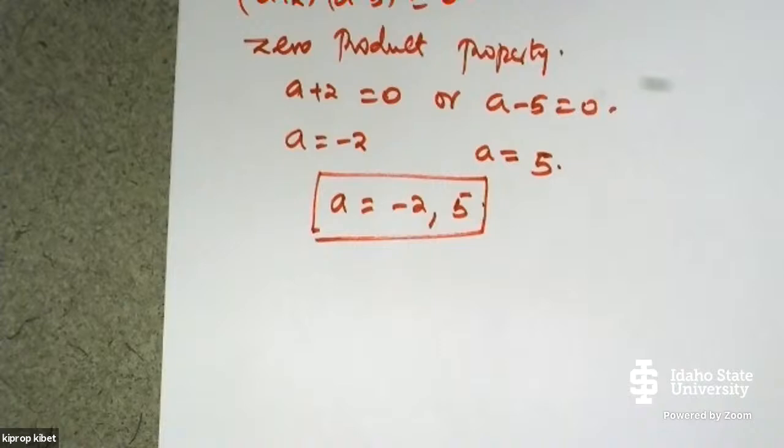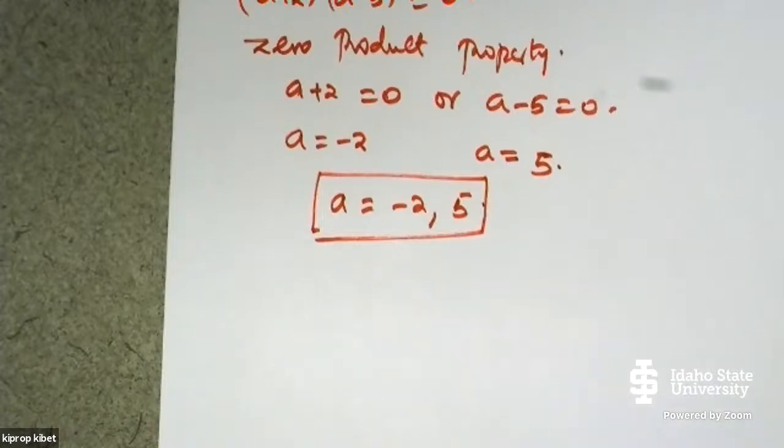Again, A - 5 equals 0, so when you take this one here, it becomes plus. So A is -2, or A is equal to 5. So in usual, if we're told to find the values of A, then A is -2, comma 5. Are we together?